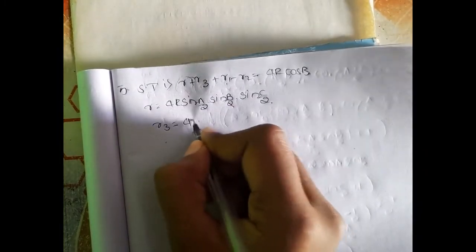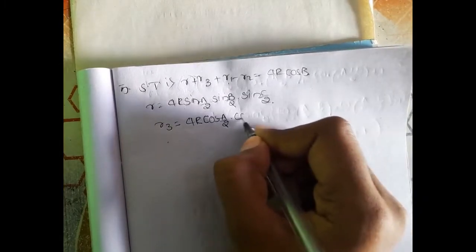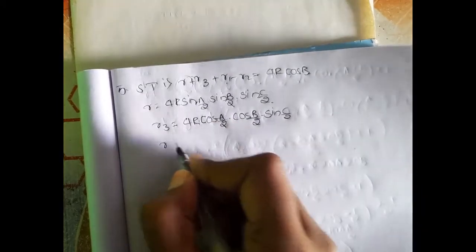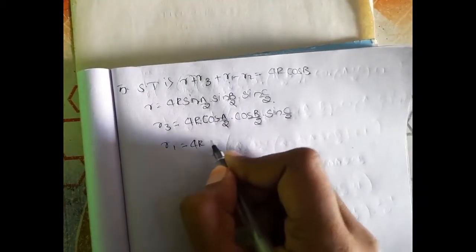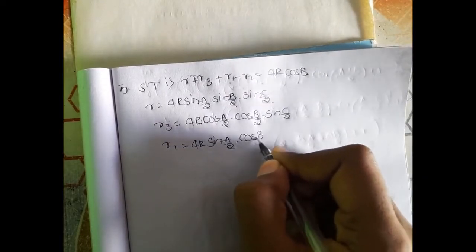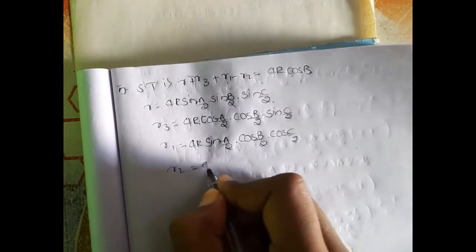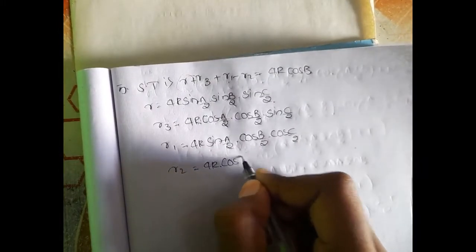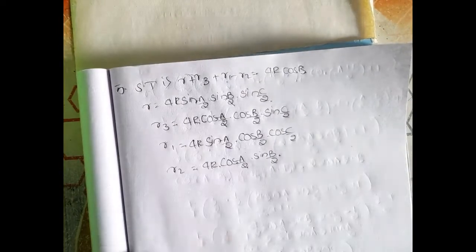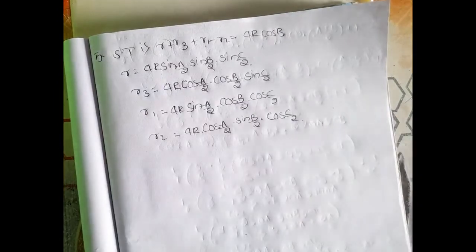R3 4R cos A by 2 cos B by 2 sin C by 2. R1 4R sin A by 2 cos B by 2 cos C by 2. R2 4R cos A by 2 sin B by 2 cos C by 2. Okay.